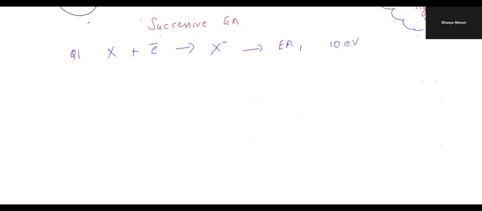This negative ion again gains an electron to give you X2 minus, so this is electron affinity 2. If the first one is positive, it is difficult to add the second electron, so definitely this will have a minus value of electron affinity, maybe 12 electron volt with a minus sign.